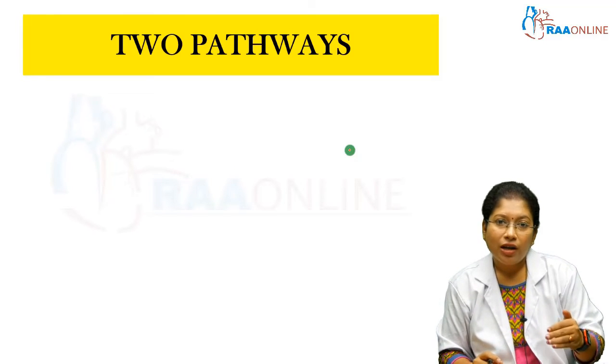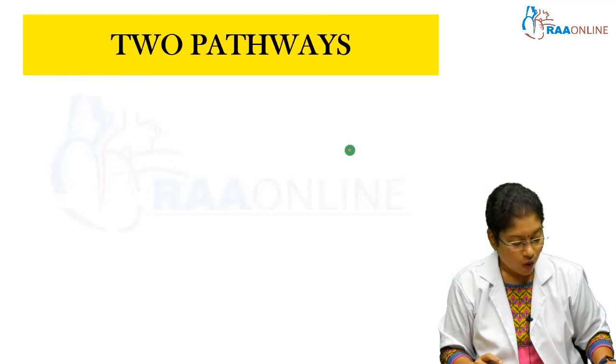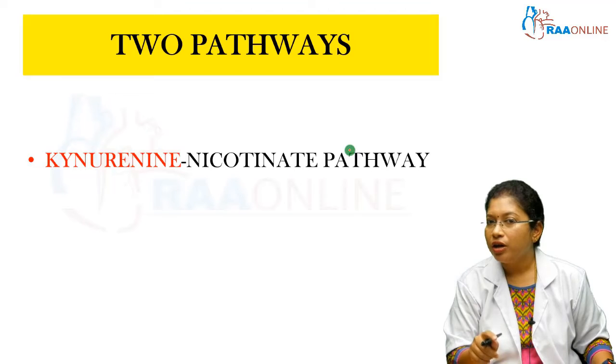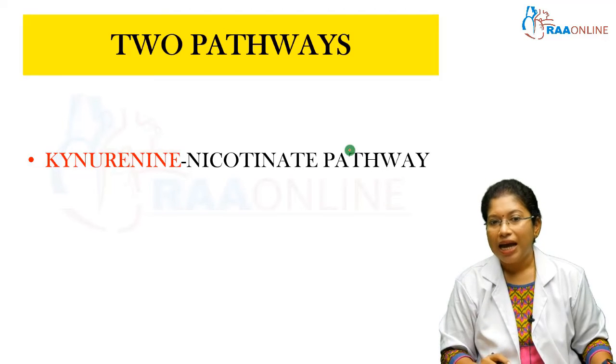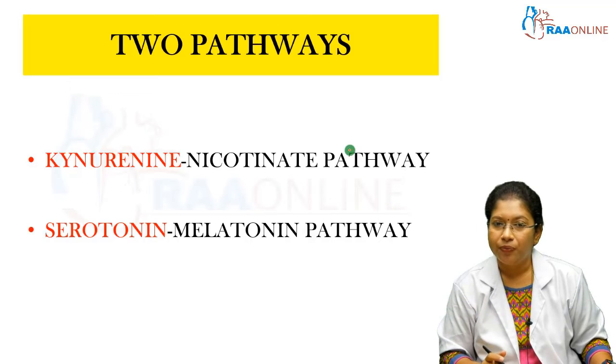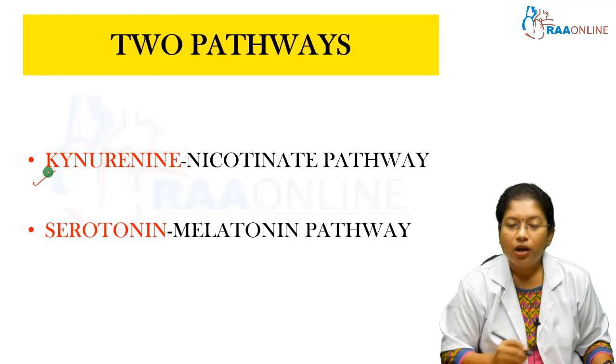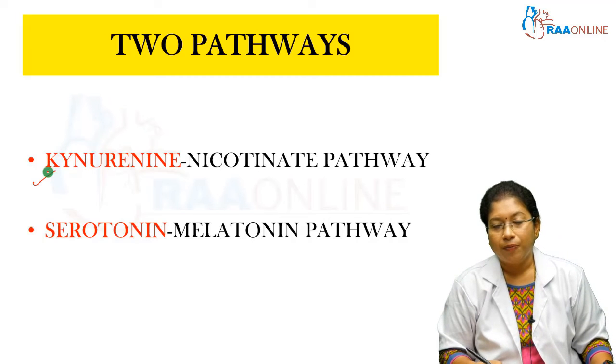While explaining this, I have to mention that it has two pathways. One is the kynurenine nicotinate pathway and the second one is the serotonin melatonin pathway. First we'll look into the kynurenine nicotinate pathway.